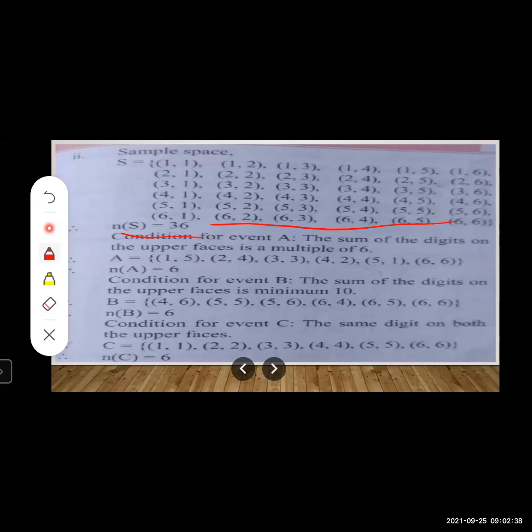Now let us move to the first condition. What is the first condition given over here? The condition for the event A is that the sum of the digits on the upper face is a multiple of 6.